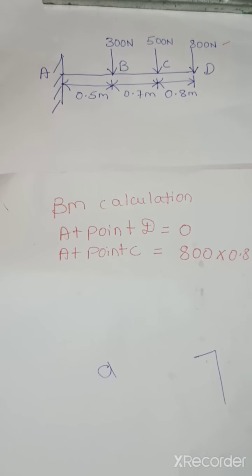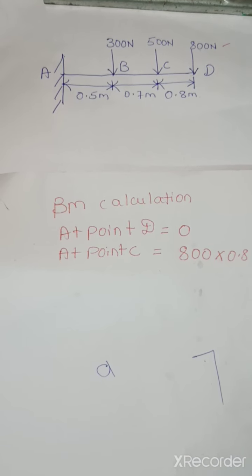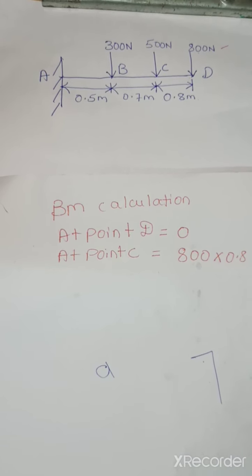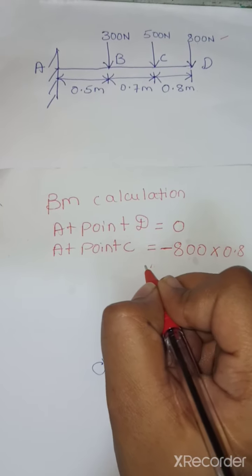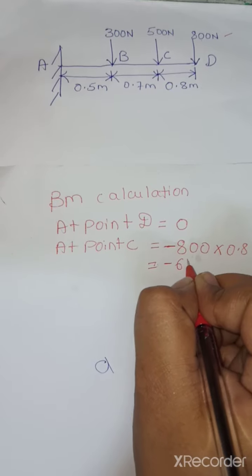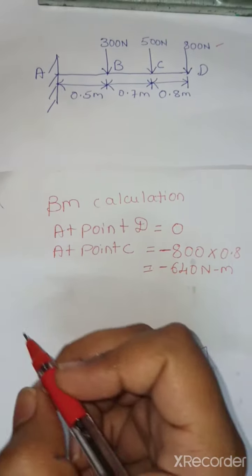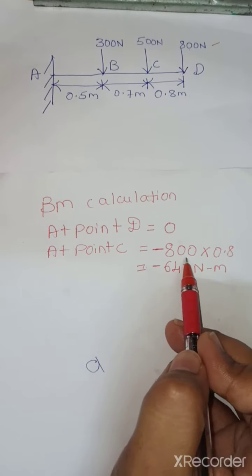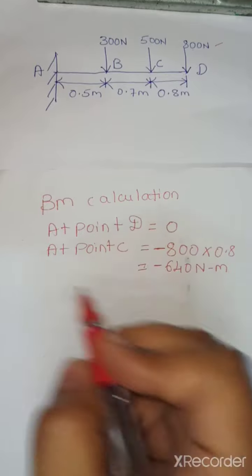As per our sign convention, the right hand side with the clockwise movement is considered to be a negative variation. Therefore it is considered to be minus. So it is minus 640 Newton meter. 800 is in Newton, 0.8 is in meter, so it is 640 Newton meter.